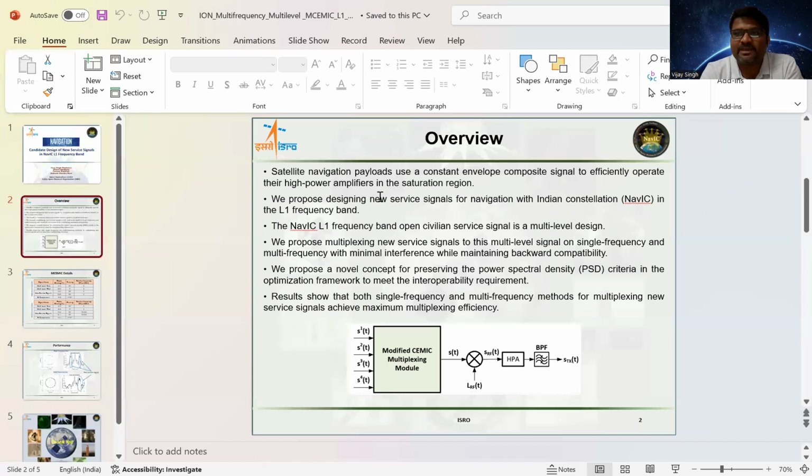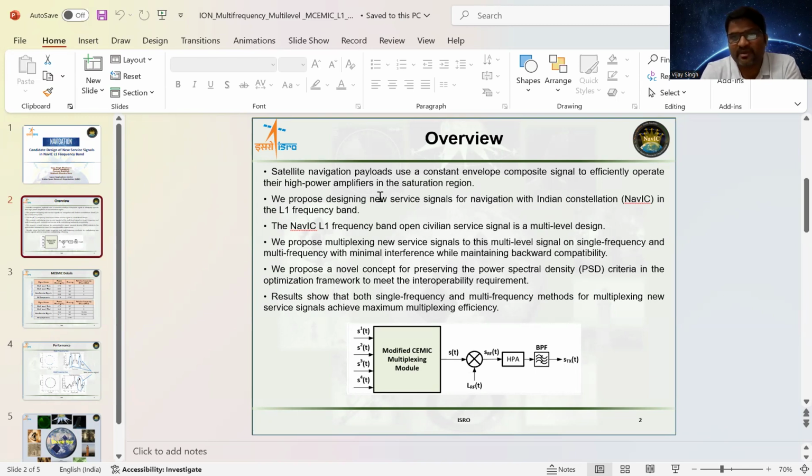We already have our SPS signal, and now we also have our S box signal transmitted from our NavIC satellite. Adding a further new service signal is very challenging because the SPS signal is a multi-level signal, which makes the overall concept of multiplexing a new signal very difficult.